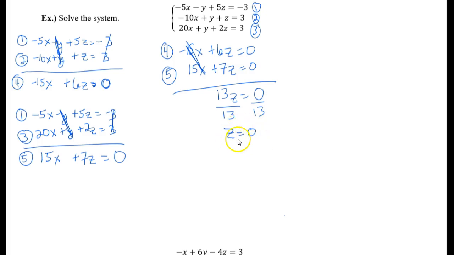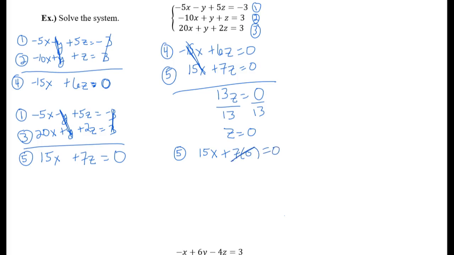Now that I have z, I can plug that into either equation 4 or 5, because if I plug in for 0, now I can find x. It does not matter which one you choose. I'm just going to go ahead and choose 5 because it had the positive values. So let's see, 15x plus 7z was 0 equals 0.